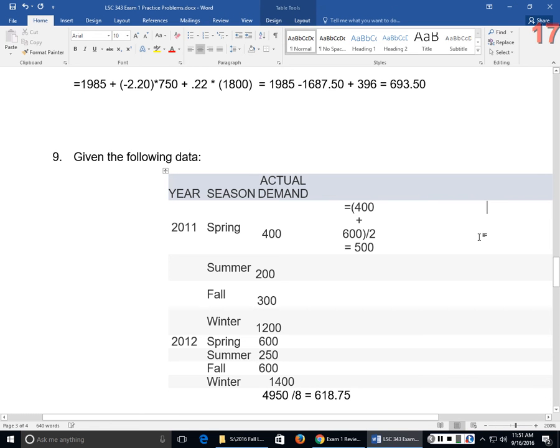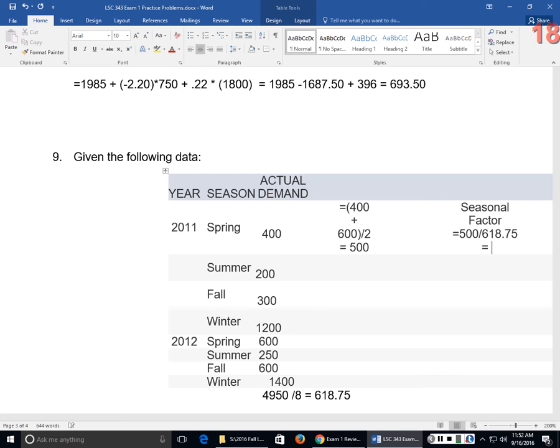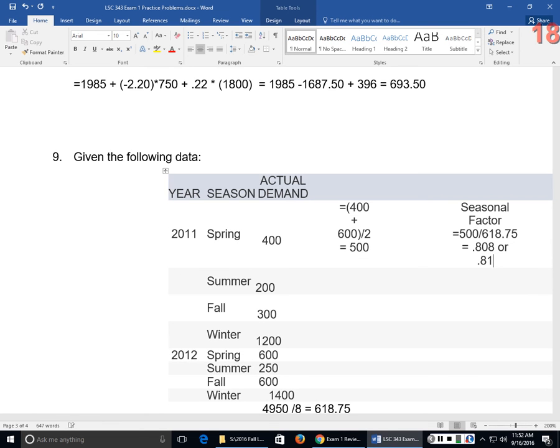And to get my seasonal factor then, I'm going to take my 500 and divide it by my 618.75. That's going to be 0.808 or 0.81 if we're rounding off to 2 decimal places, right? And so now that's the seasonal factor, right?